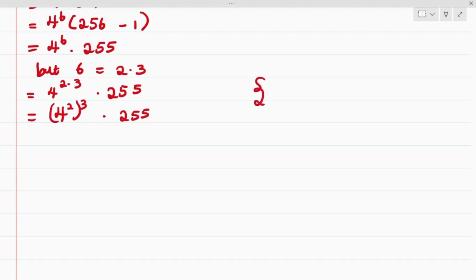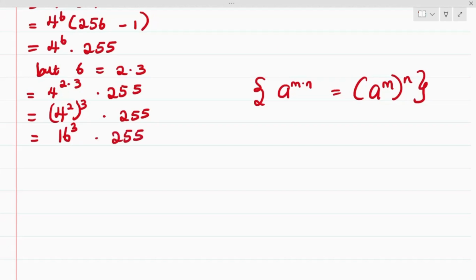This is gotten from if we have a raised to the power of m multiplied by n, we can easily express this to be a raised to the power of m, all raised to the power of n. So this is what we applied right here. So we have this to be equal to 4 raised to the power of 2, which is 16. So we have 16 raised to the power of 3 multiplied by 255.